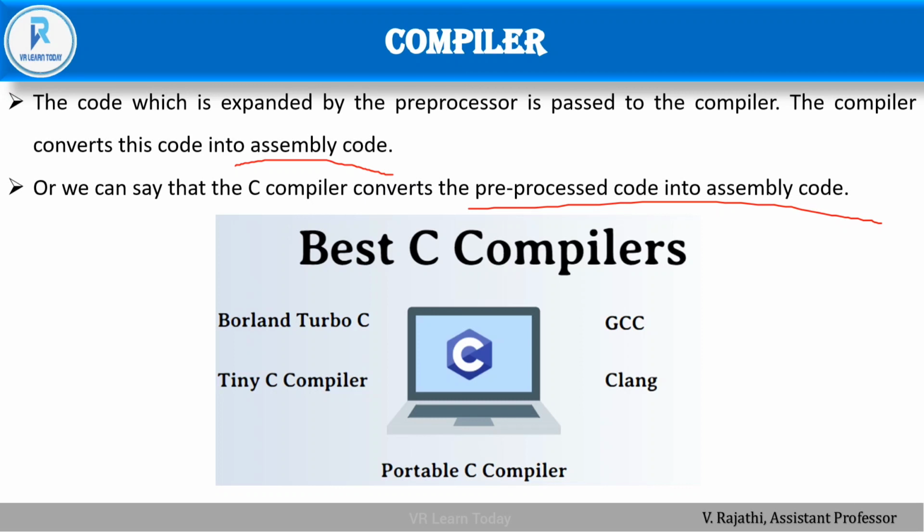So source code is converted to preprocessor code by the preprocessor step, and after that the preprocessor code is converted to assembly code with the help of the compiler. So these are some of the best C compilers: GCC, Clang.